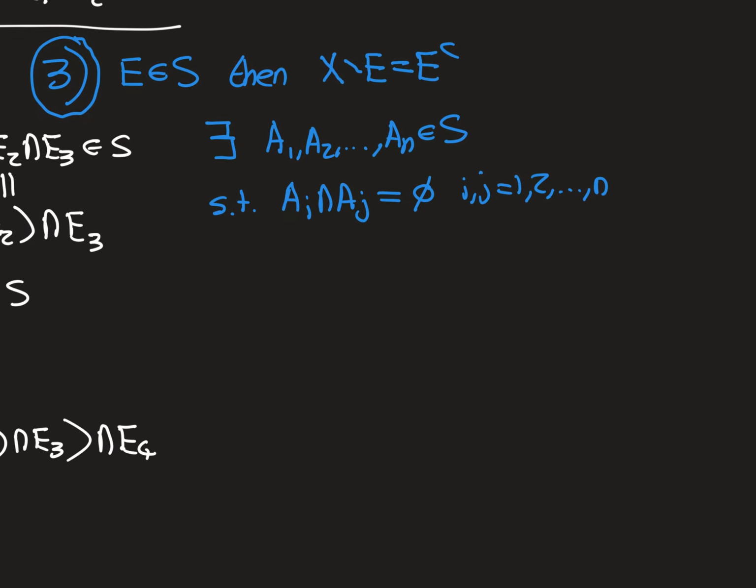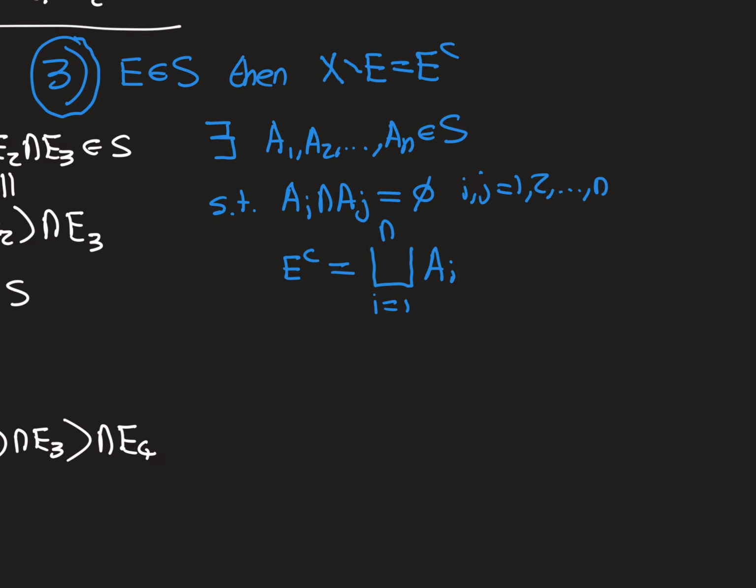So they're pairwise disjoint. So there exists this finite bunch of sets in your semialgebra that are all disjoint such that E complement is the union of these. And of course, because they're all disjoint, it's going to be a disjoint union. So I'll use the disjoint union symbol, which is this squarey symbol. So the disjoint union from i equals 1 to N of Ai is equal to E complement.